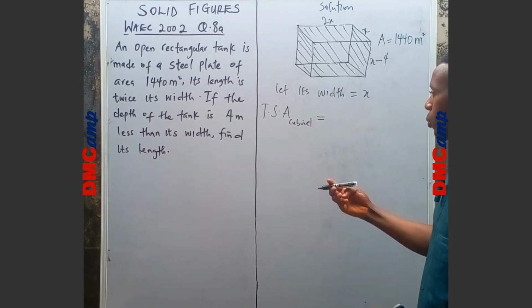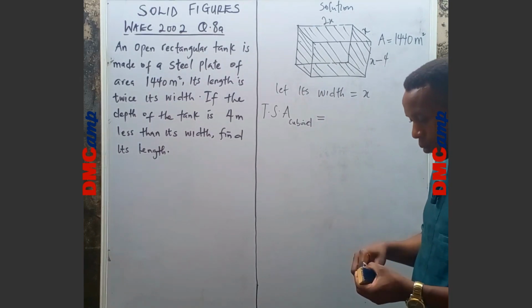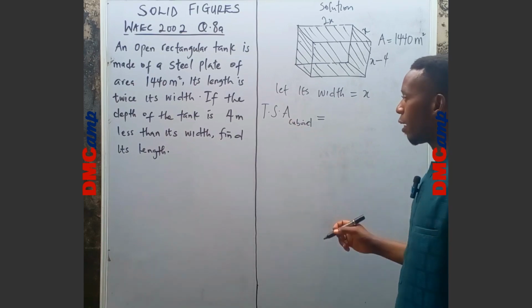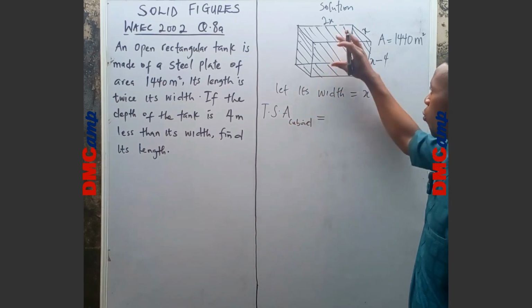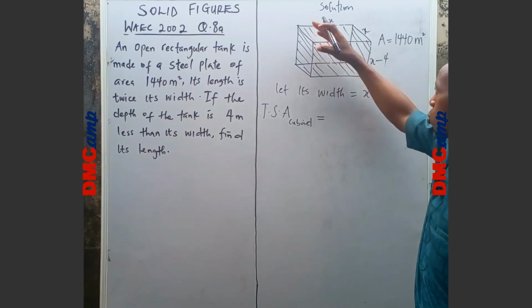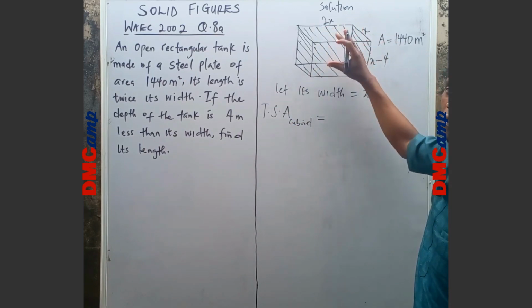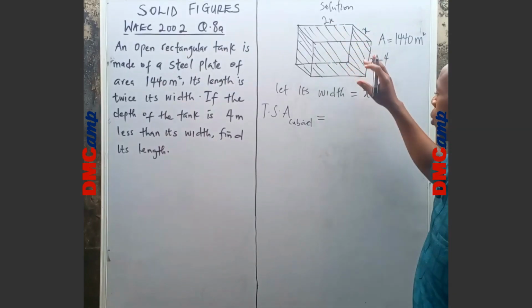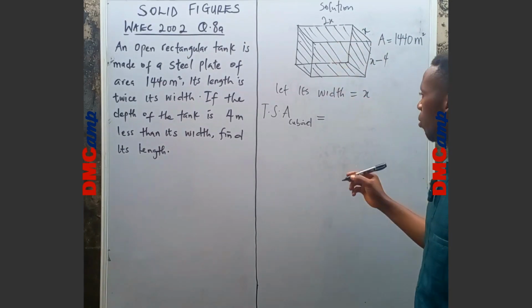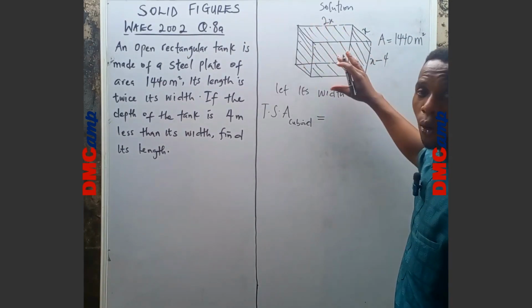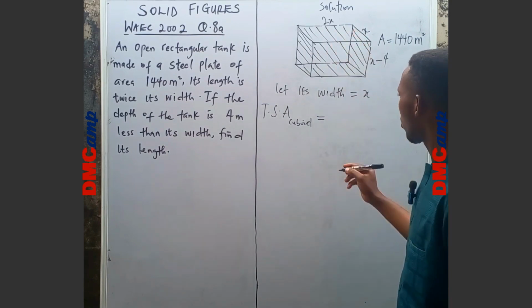So let's derive the total surface area of this cuboid by assuming all the sides are closed.